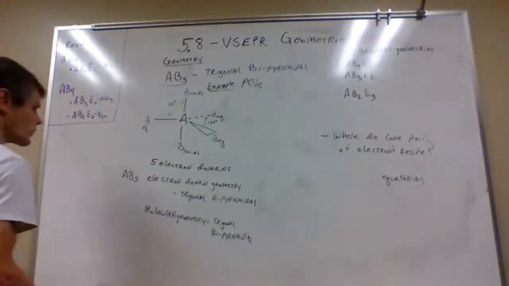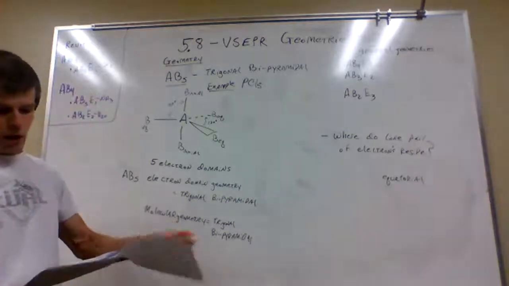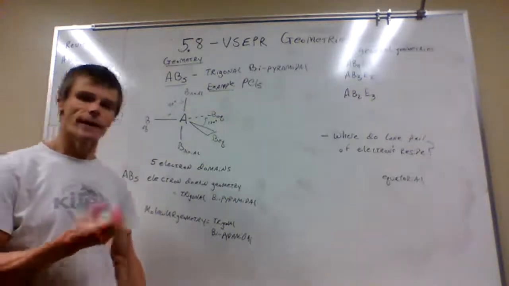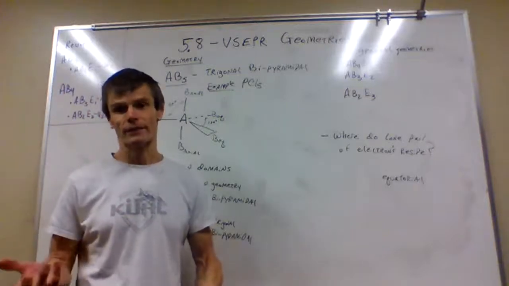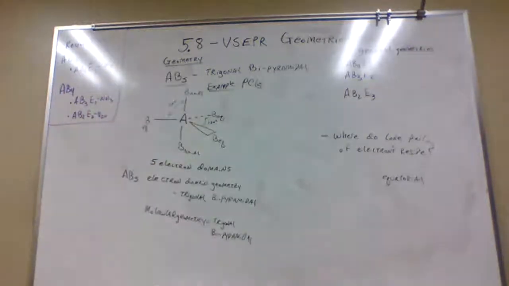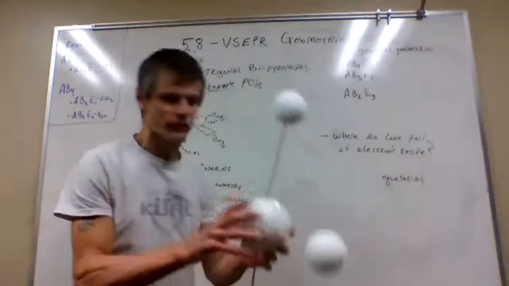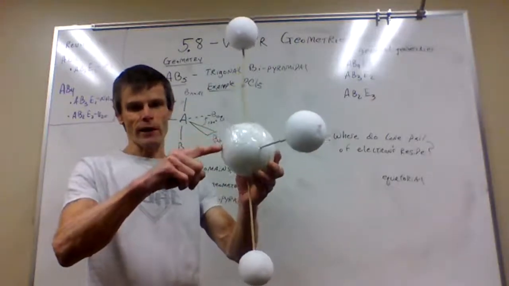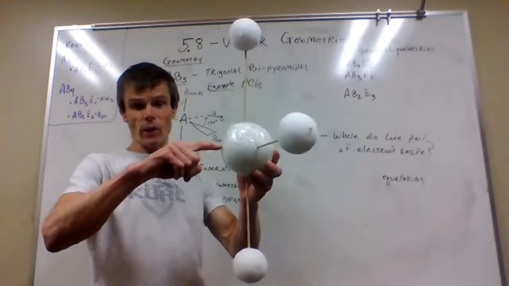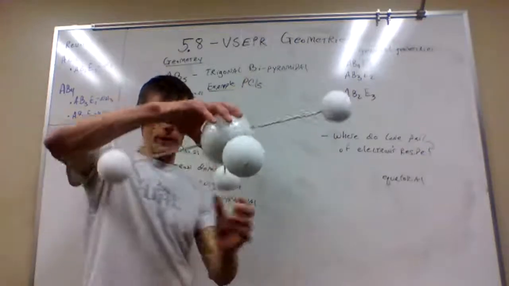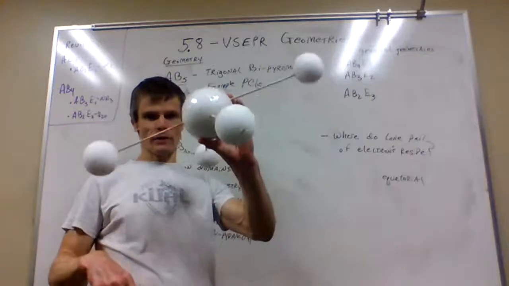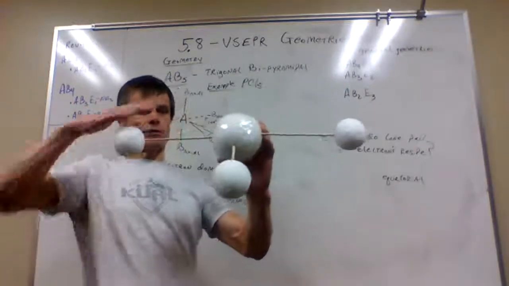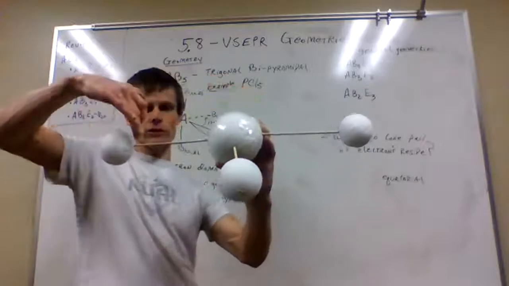So let's go through an example molecule that experiences this geometry, and the name we're going to call it is the seesaw. So this is why it's called seesaw. I'll bring it back up. The seesaw, and we're putting a lone pair of electrons along the equator, and if we turn this upside down like this, we see that it looks like a seesaw. These two atoms are sitting along axial positions.